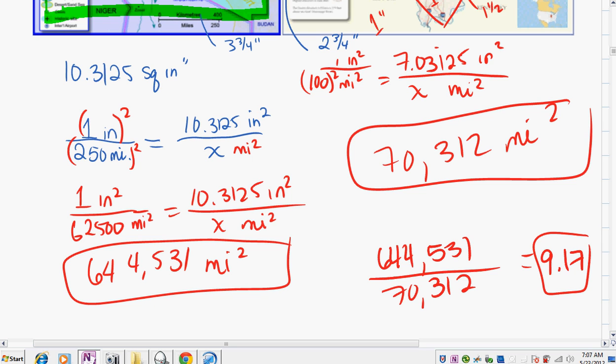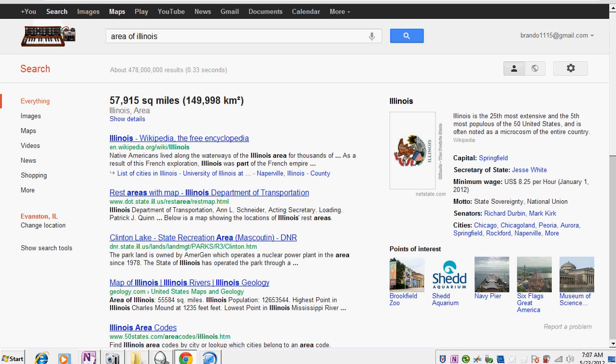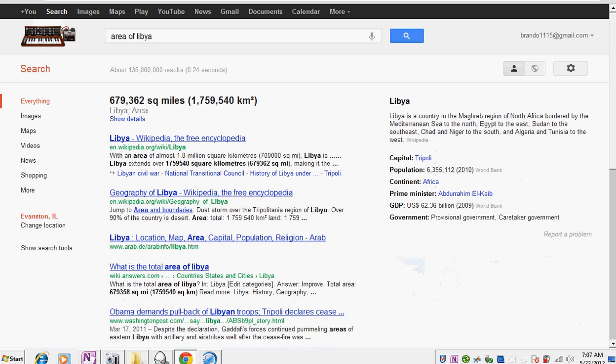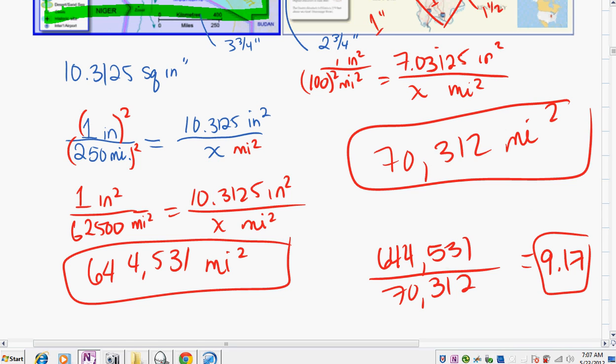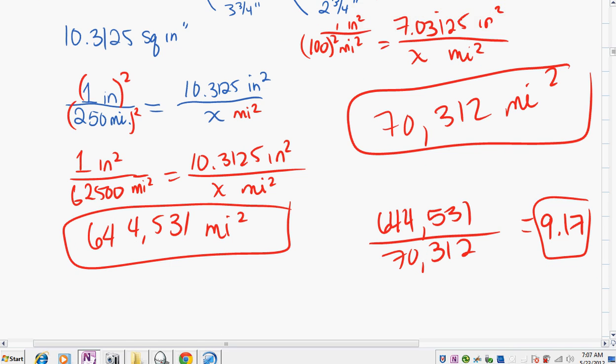And if you look at the real figures, take 679,362 and divide it by 57,915. It's about 11.7. So definitely some error there, but you get the idea.